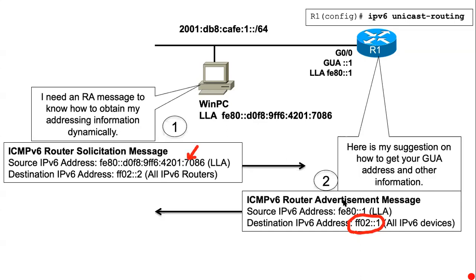The reason you might want to do that is for wireless devices, so that all the devices on a wireless LAN aren't having to wake up and process router advertisements unnecessarily. The only device that needs to receive this would be the wireless device that sent out the router solicitation message.